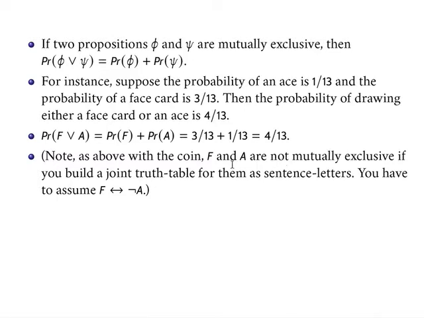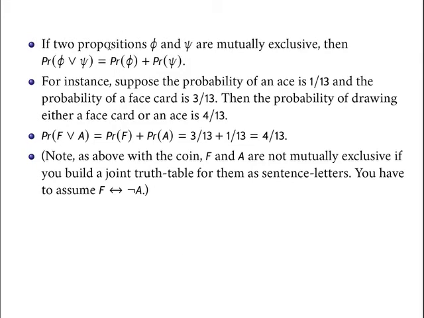If you simply had these two atomic sentences, it's possible to assign them both the truth value true. So it's important to note that in how we're applying this notion of mutual exclusivity here, we're assuming as a background assumption that a card is a face card just in case it's not an ace. That is to say that we're assuming that there are no face cards that are aces.